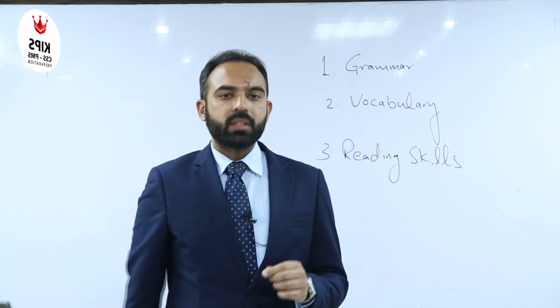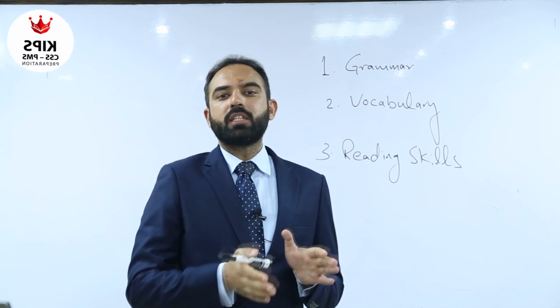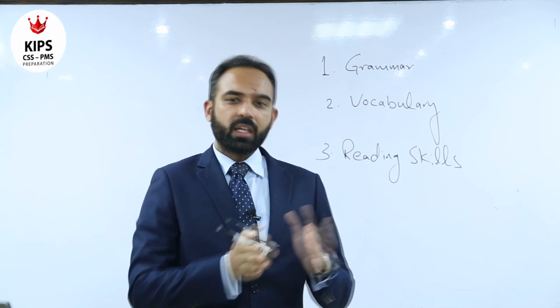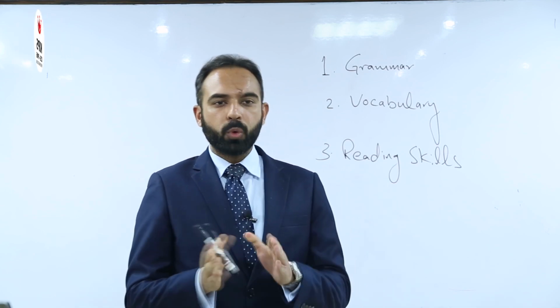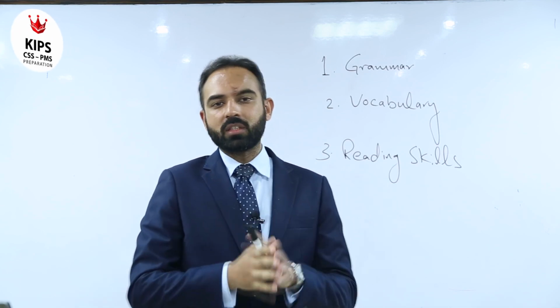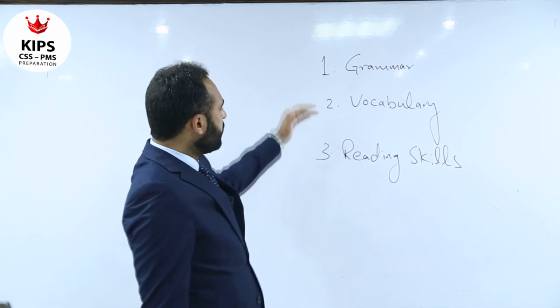We also need to understand that English Précis and Composition is primarily a test of our reading skills, because there is another paper in the CSS examination, English Essay, in which the focus is upon evaluating the writing skills of the candidate. This paper is then divided into three major categories.